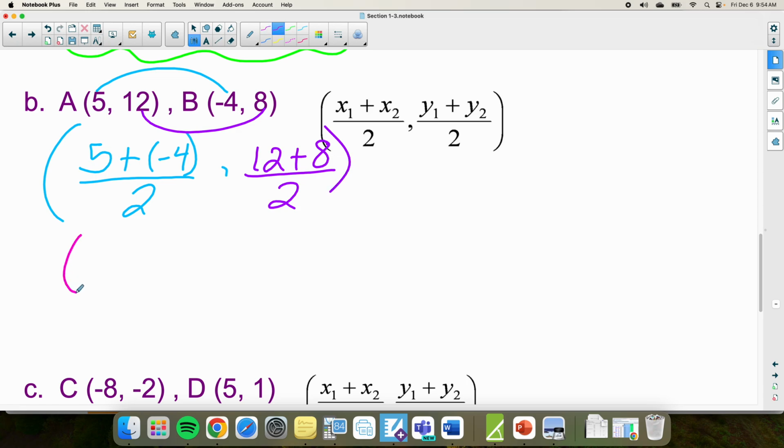Now, 5 plus a -4 is 1. 1 divided by 2, did you guys get 0.5? And then 12 plus 8, remember you hit enter or put that in parentheses, that's 20, divided by 2 is 10. So what did you guys get for your answers?